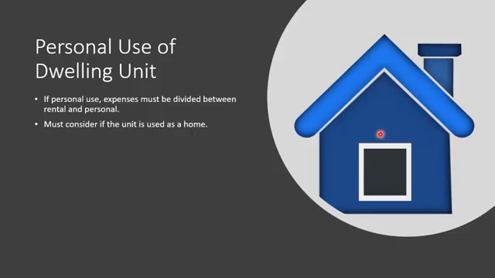If you have any personal use of a dwelling unit, including a vacation home, that you rent, you must divide your expenses between rental use and personal use. In general, your rental expenses will be no more than your total expenses multiplied by a fraction, the denominator of which is the total number of days the dwelling unit is used, and the numerator of which is the total number of days actually rented at fair rental price.